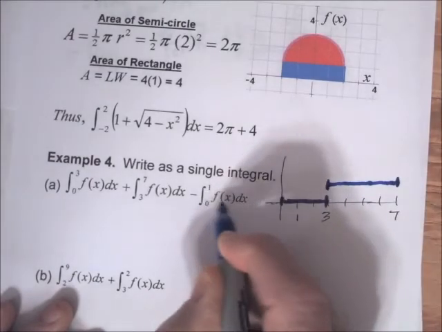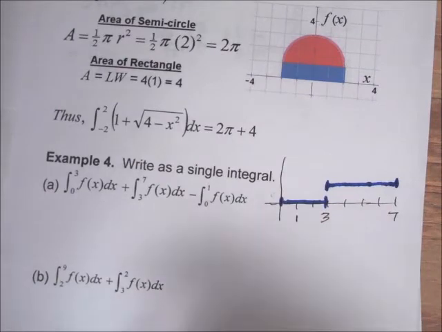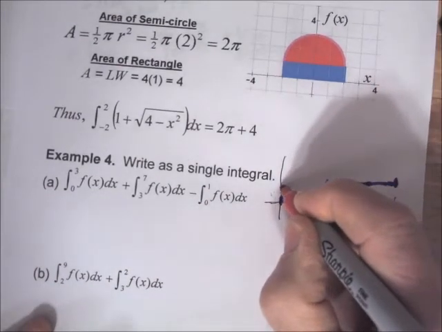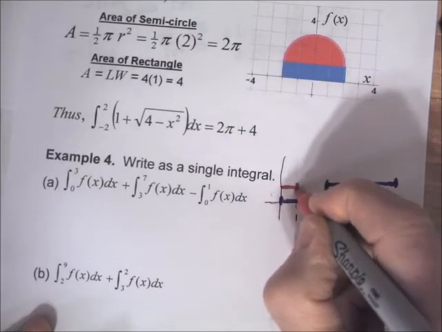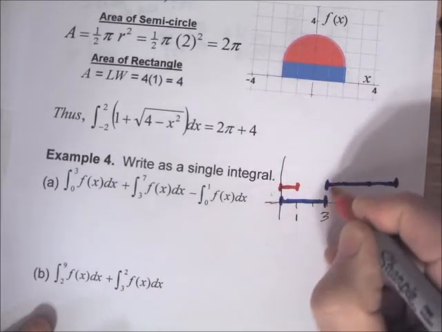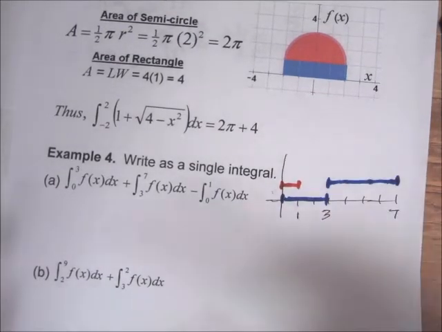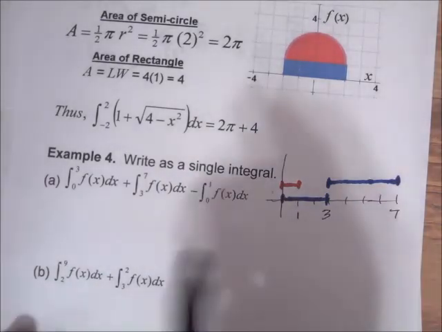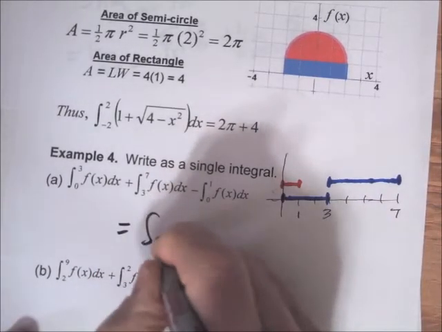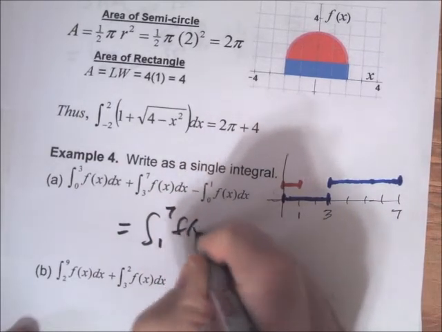And we're subtracting the integral from 0 to 1, so I'll put that in red. That's what we're subtracting. So we want to add the blue parts and subtract the red parts. So the net result is going to be the integral from 1 to 7 of f of x dx.